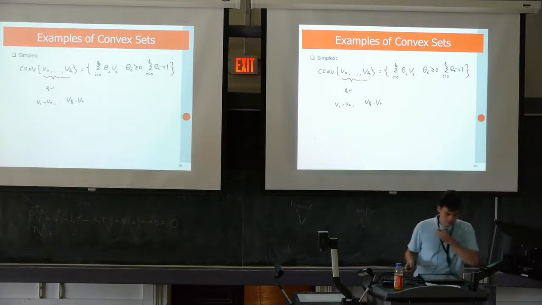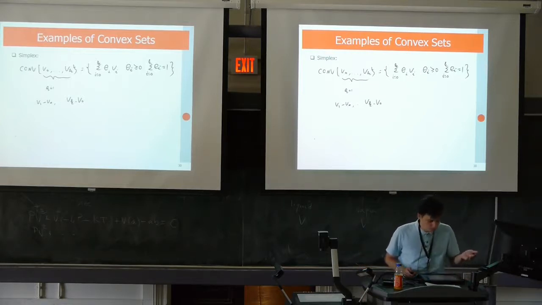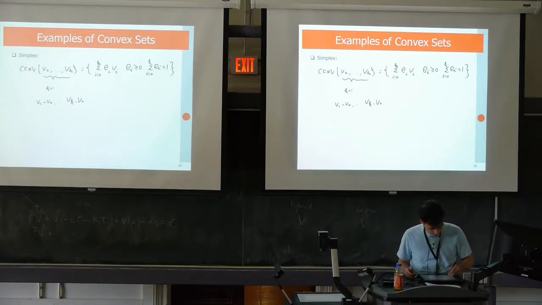So how do they look? For example, a one-dimensional simplex would be the convex hull between these two vectors. A two-dimensional simplex would be the convex hull of these 3 points.